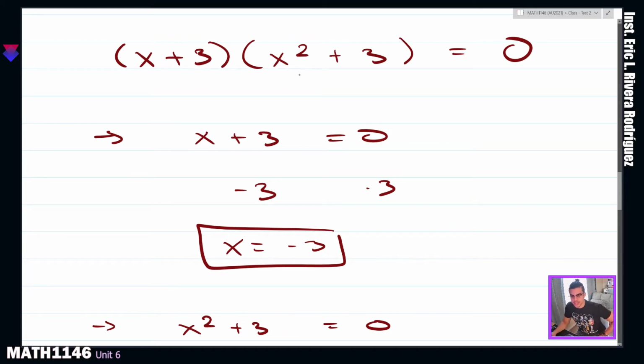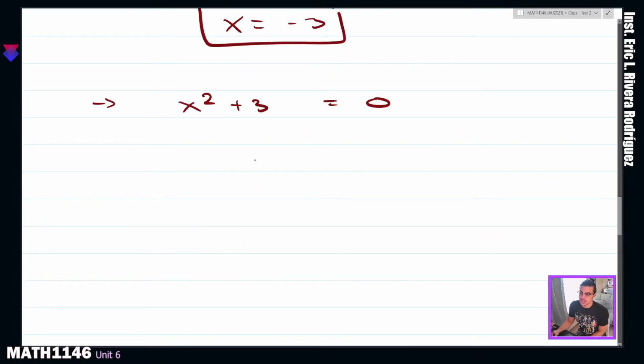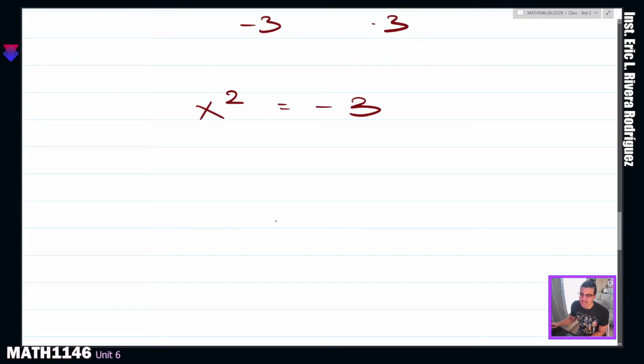What's the problem with the second factor? The second factor is not linear, it's a quadratic factor. In this case, you want to subtract 3 on both sides, and what you are left with is x squared equals -3. Is there a problem here? Can you tell me if there is any issue with the equation that we have here?